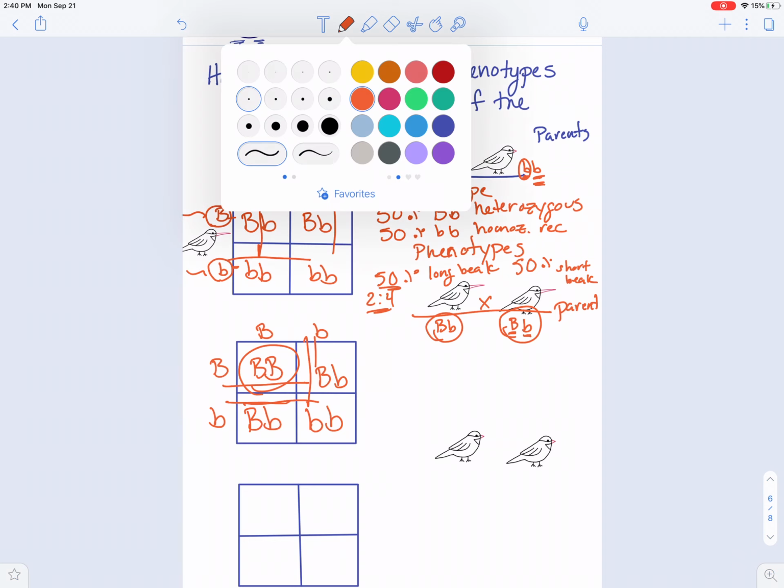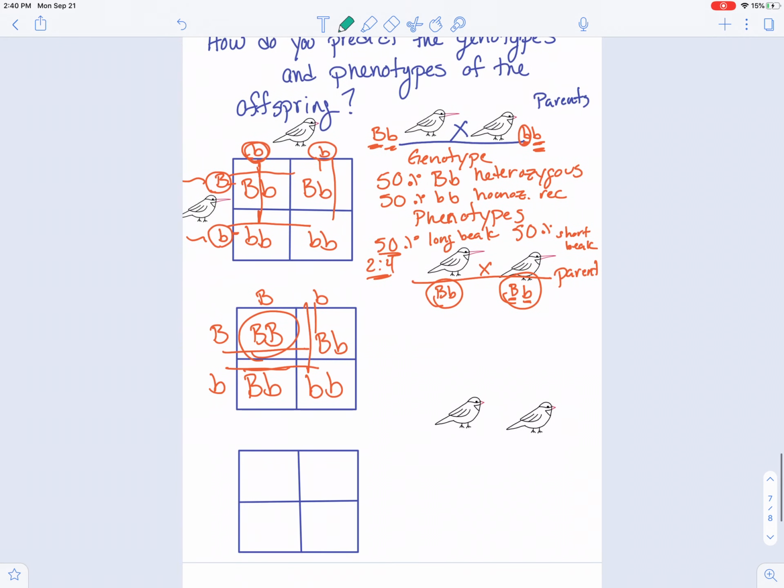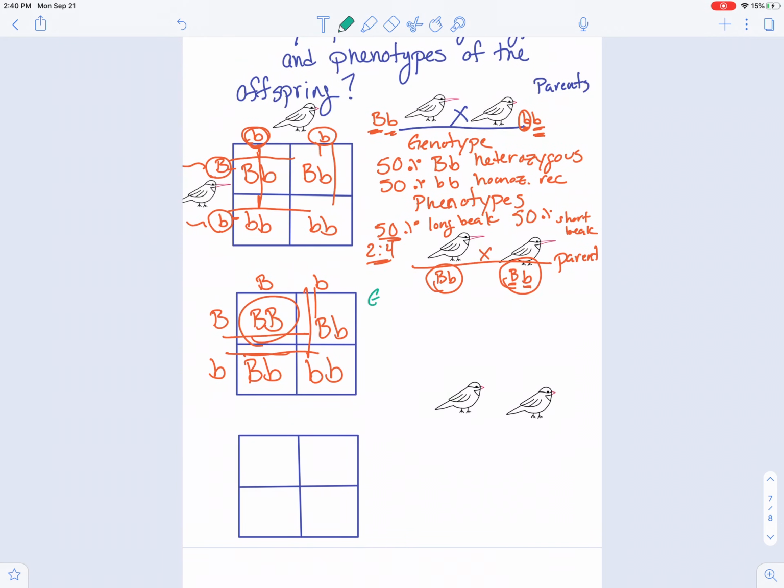So in this particular case, I'll write it in ratio format this time. If I'm looking at genotypes, 1 out of 4 of them are going to be homozygous dominant. 2 out of 4 of them are going to be heterozygous.